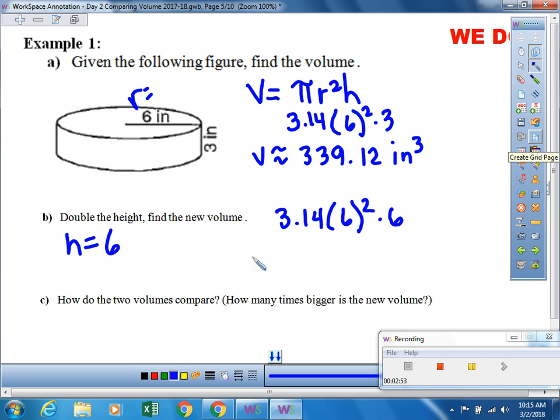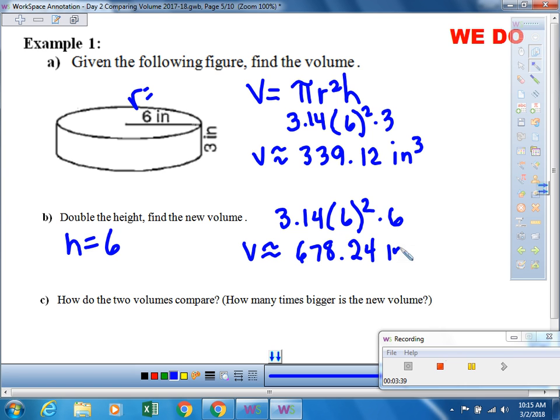Hey, Jake, what you got? Jake? Volume? Okay, so 678.24 inches cubed.